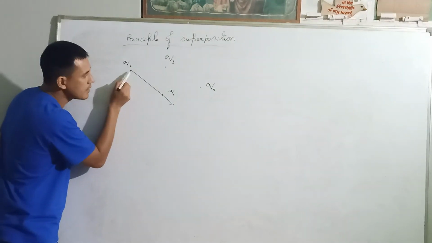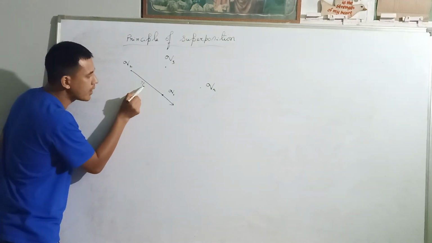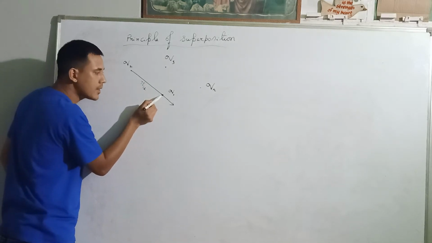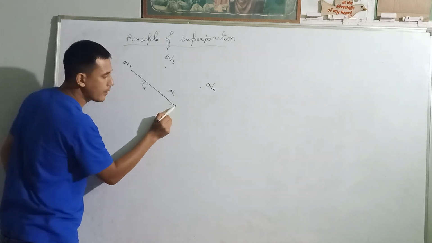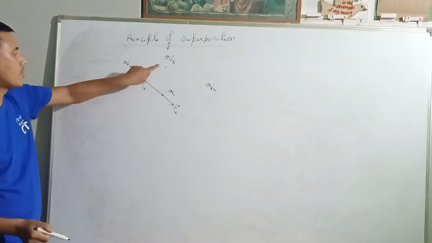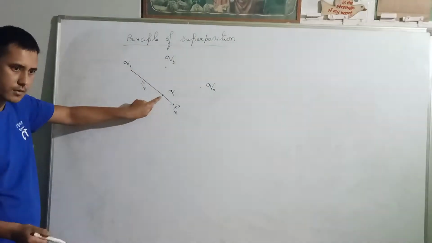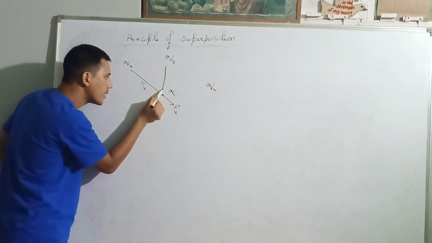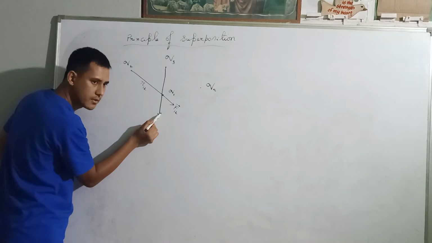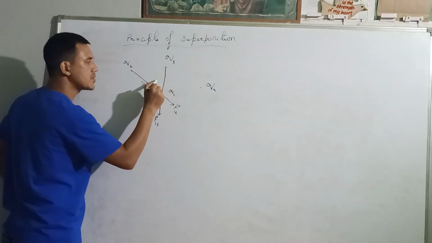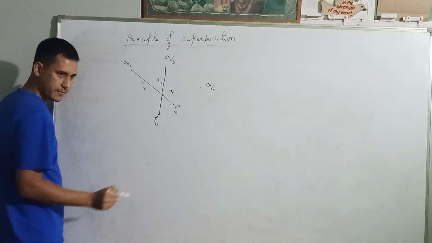Let the distance between the two charges be r12, and let the force acting on Q1 due to Q2 be F12. Now Q3 will also exert a force on Q1 in this direction, a repulsive force. Let that force be F13, and let the distance between the two charges be r13.